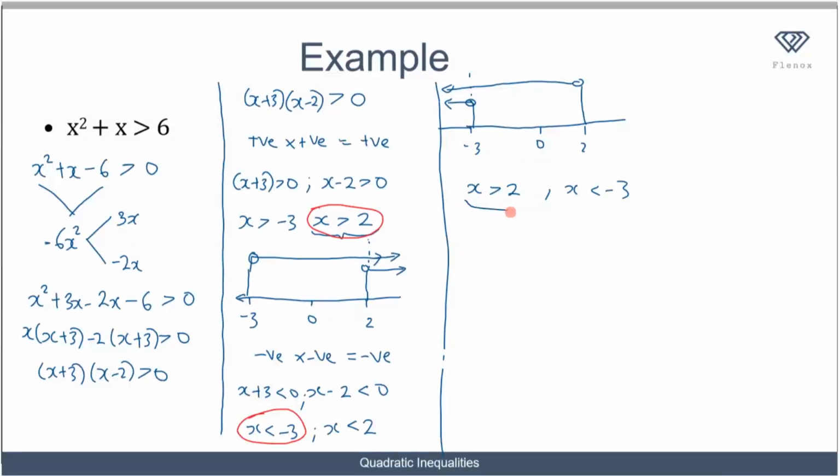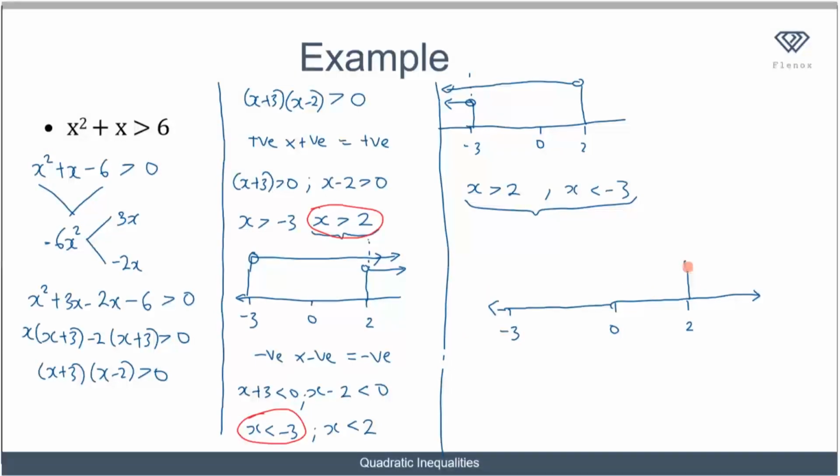So I try to combine these two into a number line graph to get my final result. And to do that, I just draw my number line and have my 0 here, and here I have minus 3, and here I have 2. So now I'm told that the first condition is x is greater than 2.